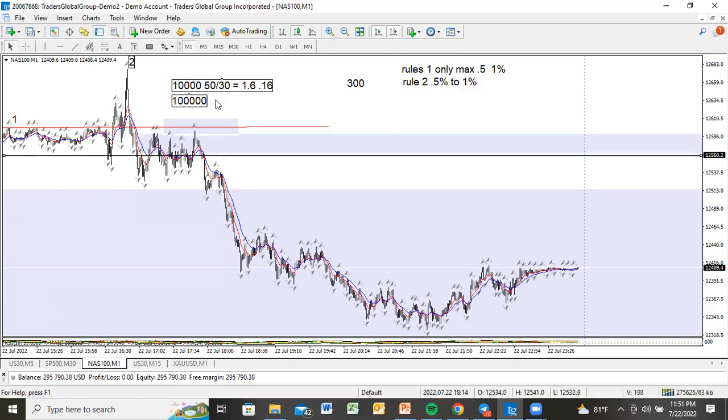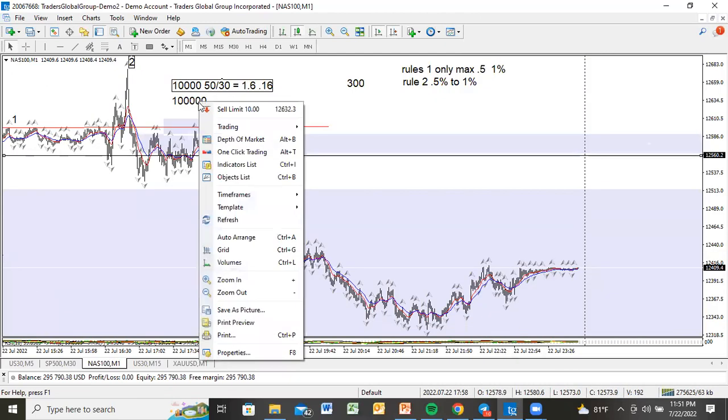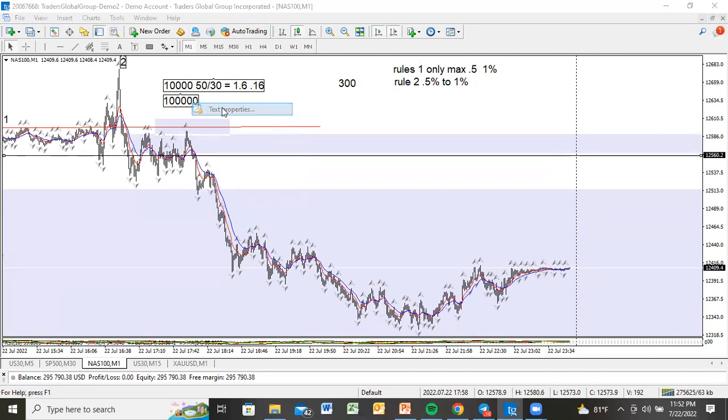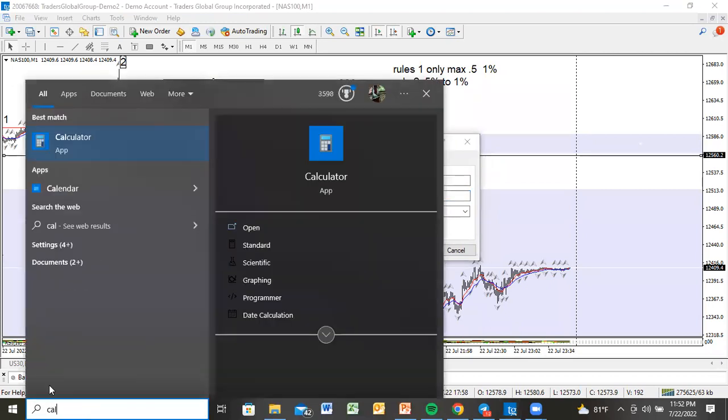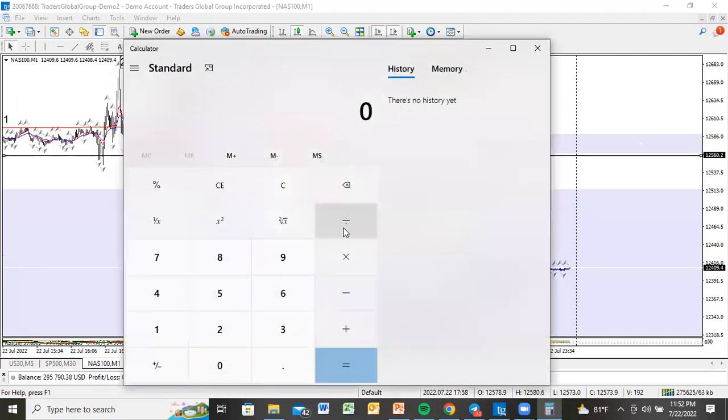When you get that figure in dollars, you must say to yourself, how many pips is that? That will be your stop loss if you really want to go far. If you begin to jump in on a trade without having that as a rule, somehow, somewhere, it will become a bad habit while trading.